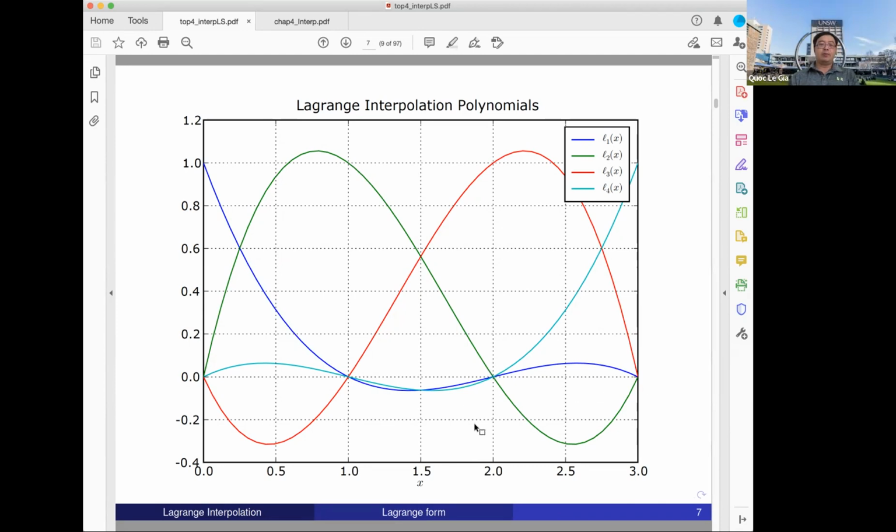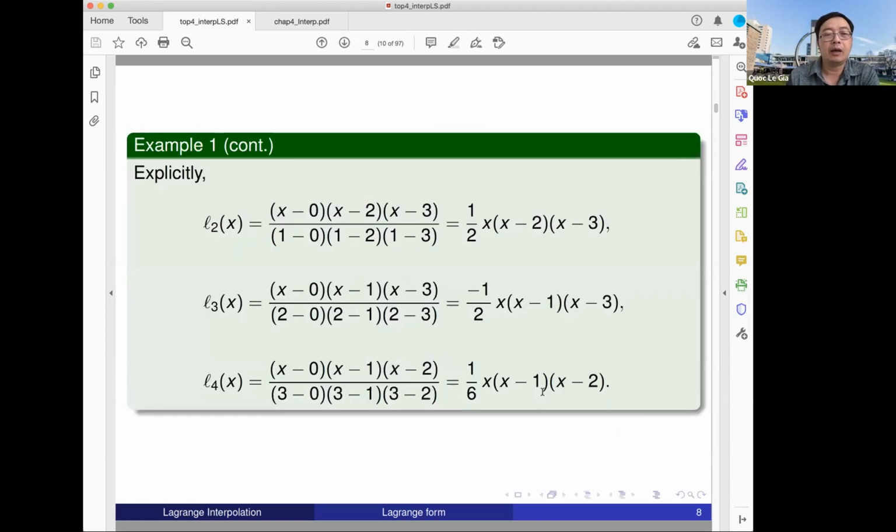So it's a very special polynomial. But it's not the end of the story. We're still looking for a polynomial that interpolates the data.